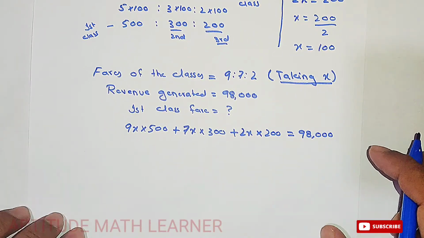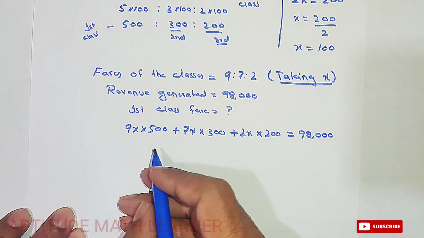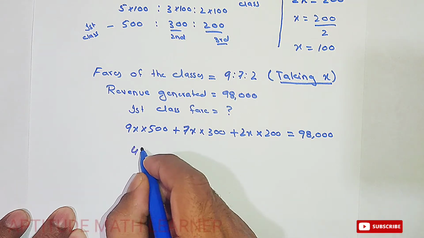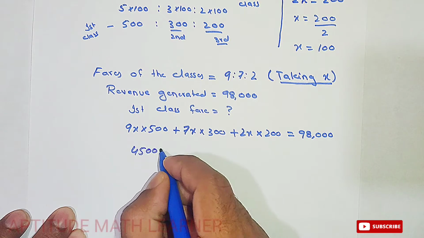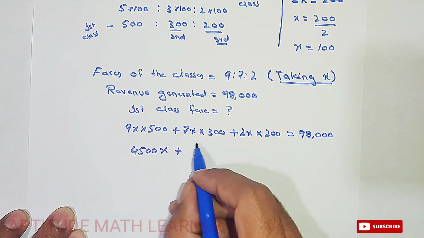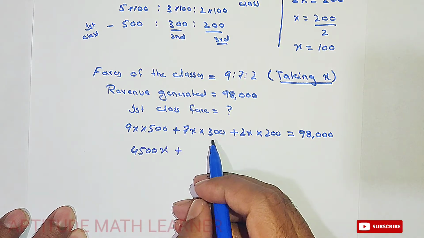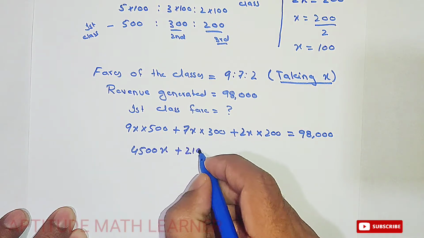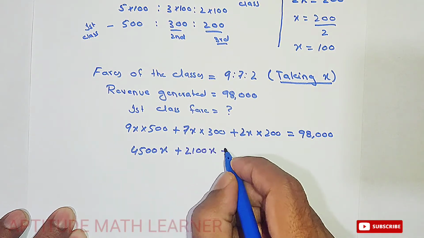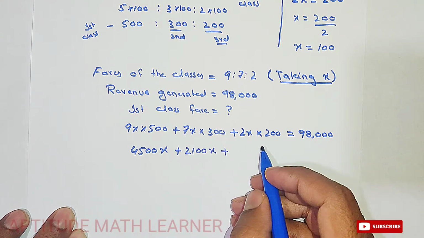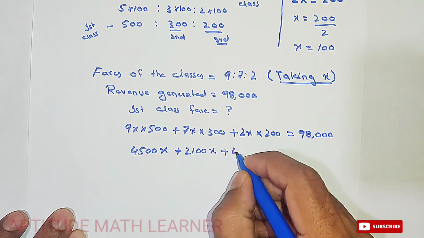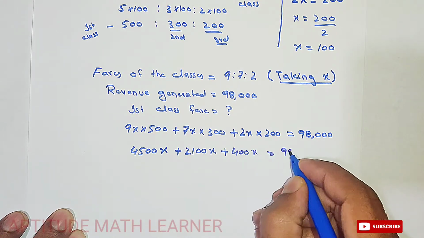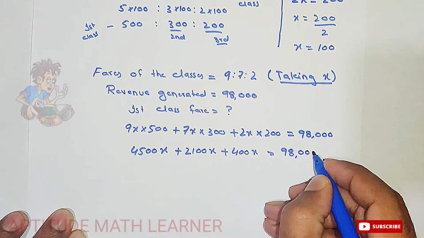Here 9 multiplied by 500 gives 4,500x, plus 7 multiplied by 300 gives 2,100x, plus 2 multiplied by 200 gives 400x, equal to 98,000.